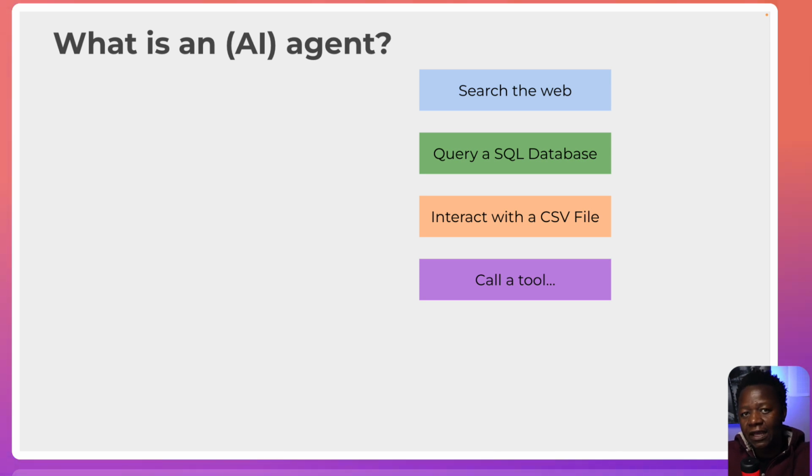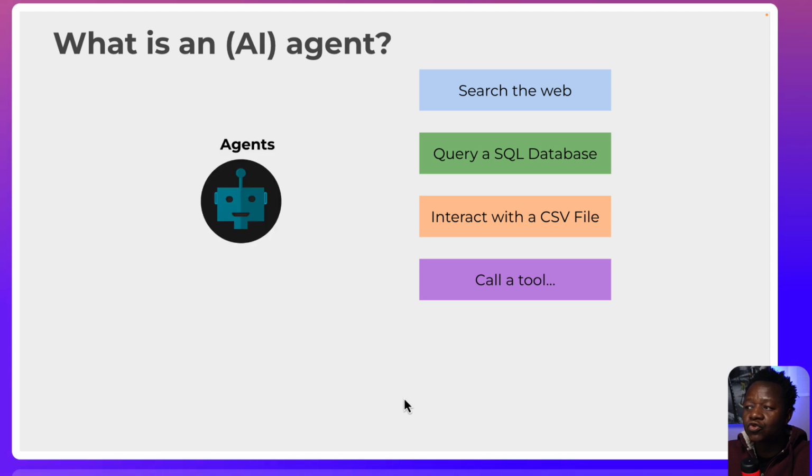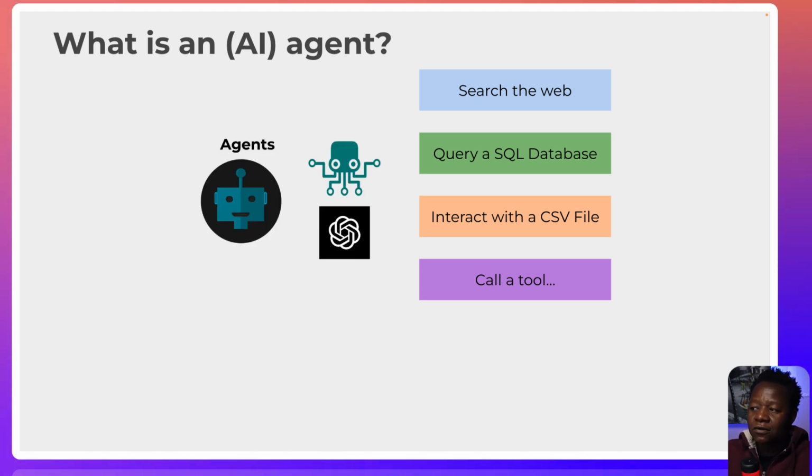I like to think of an agent as a software entity that allows us to do more with our large language models. As you may know, large language models don't really have a lot to do when it comes to tooling, meaning they know what they know, they were trained on a certain amount of data, certain types of data.